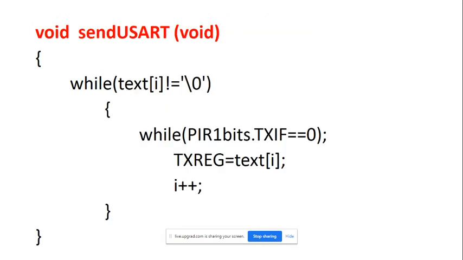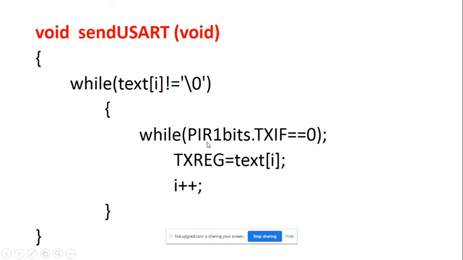The next subroutine is send UART. In the send UART subroutine, whatever message you want to transmit has a number of characters. For example, serial transmission of PIC 18F4520. Whatever message you want to type has a number of characters, indexed by the variable i.